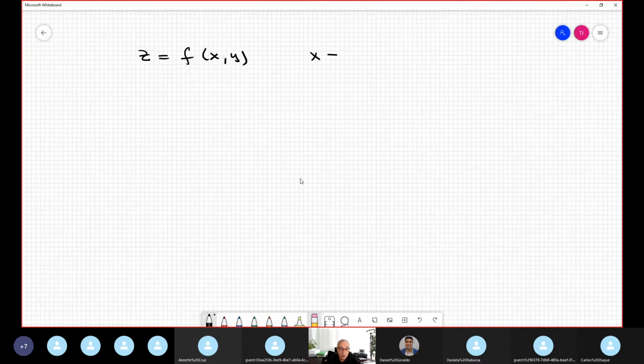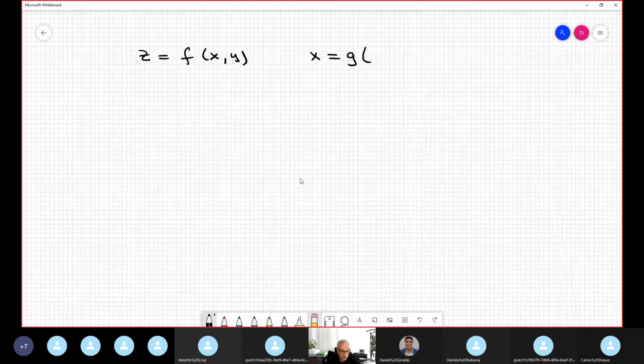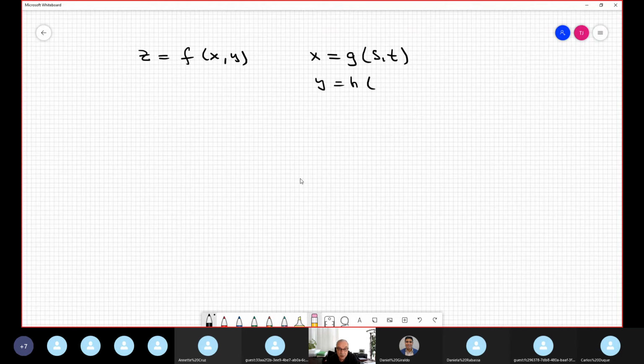However, x depends on 2 variables, called s and t, and y depends on another function h of s and t. So we have one big function in which the dependent variable is z, with 2 intermediate variables x and y, and x and y each depend on the 2 independent variables s and t. So this is a case in which you have 2 independent variables, not only one t.